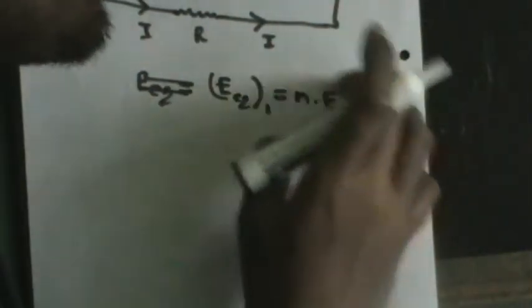And you know that if you find the total effective value for the first row, the total effective value for this series of cells will also be that value.